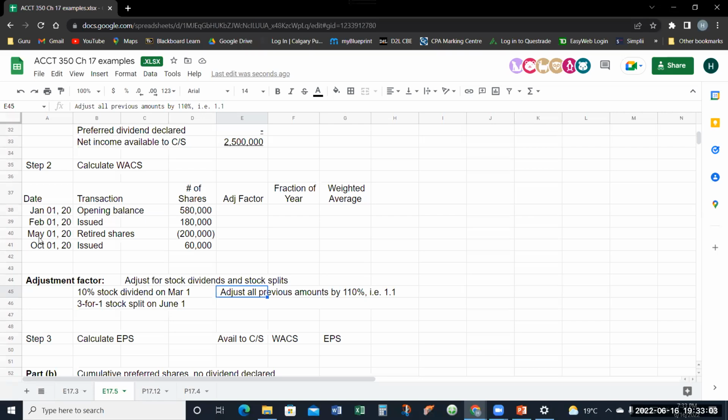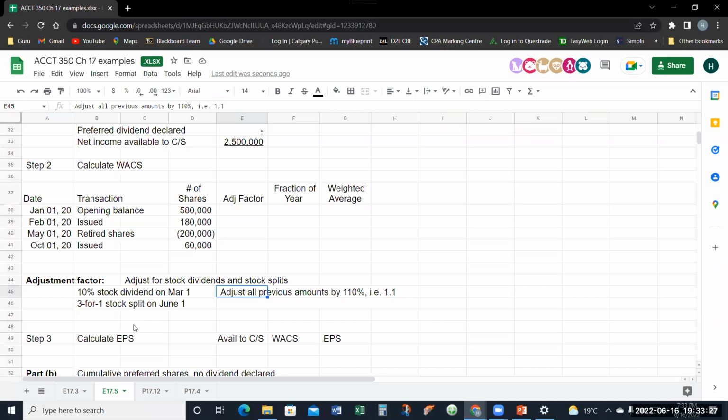May 1st, I don't adjust for the stock dividend, because May 1st is a date that happens after the stock dividend. So I just take into account the events that occurred before the stock dividend. So 1.1 will be the adjustment factor for the stock dividend, but that's not the only one.